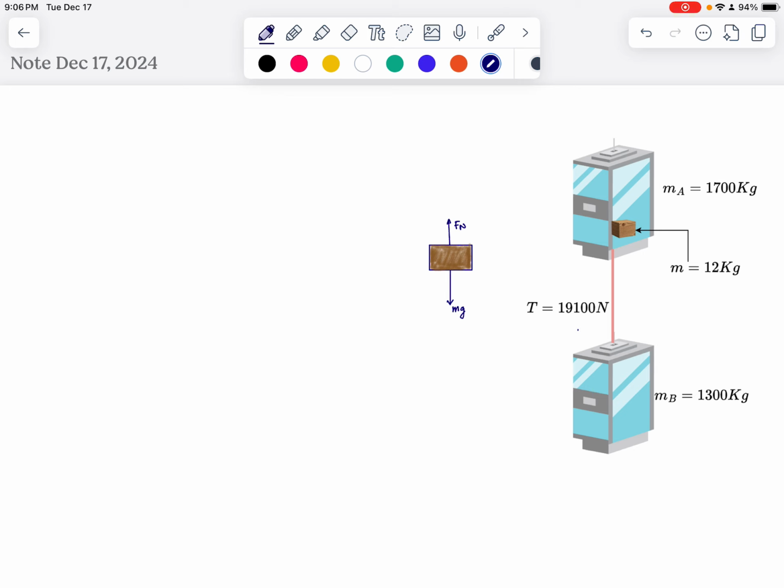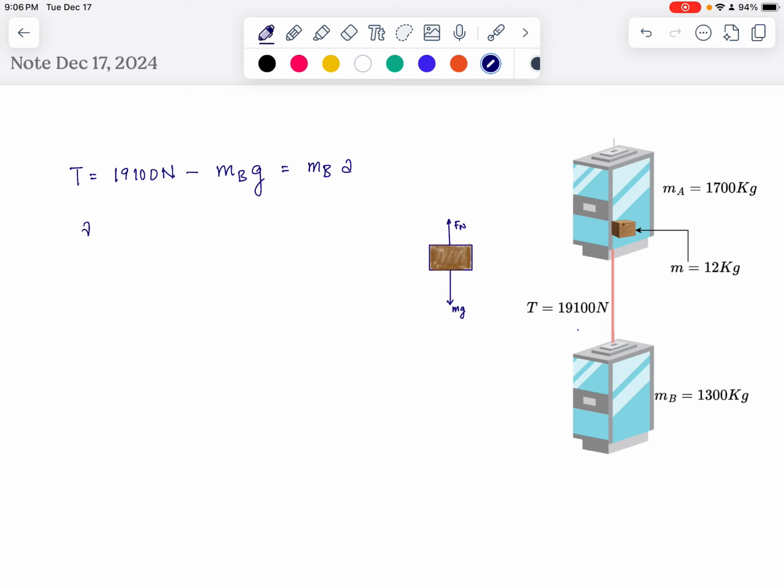So here, the tension of 19,100 newtons, minus the weight of the bottom elevator car, equals the mass of the bottom elevator car times the acceleration.